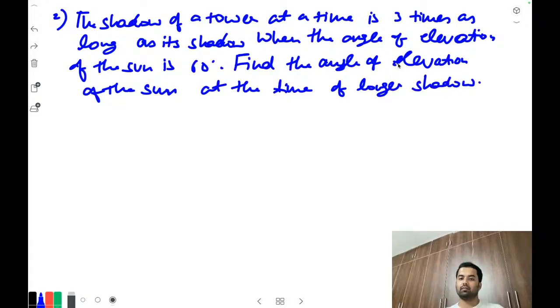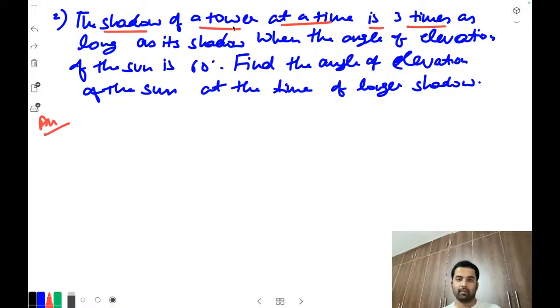Now check this out. So let's read the question one by one, then only we'll figure out the answers. A shadow of a tower at a time is 3 times. At a time stands for same time. Okay, don't confuse on this one.